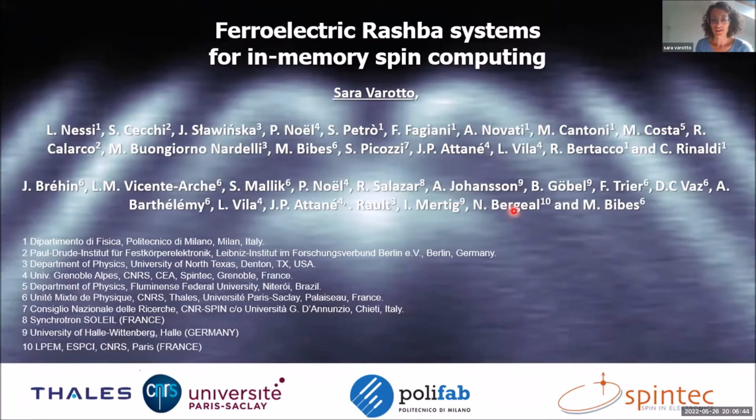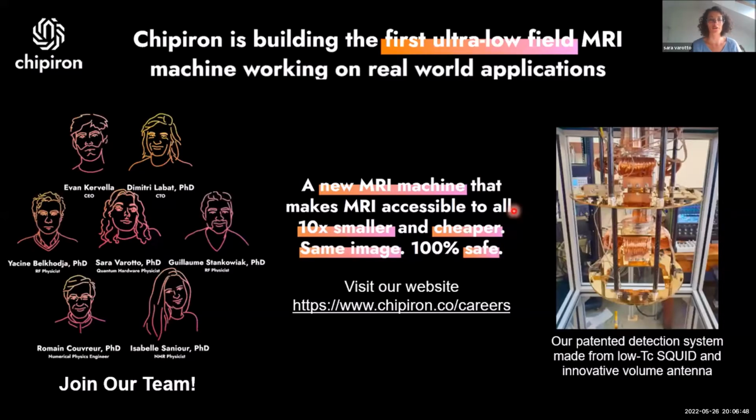So before starting, let me just take some little time for some advertisement. I'm very happy that currently I'm working in Chipron, which is a startup located in Paris. And what we are doing is to solve a very important problem on the medical side, that is the lack of a safe and cheap diagnosis tool that can be accessed by everyone and with very high quality images.